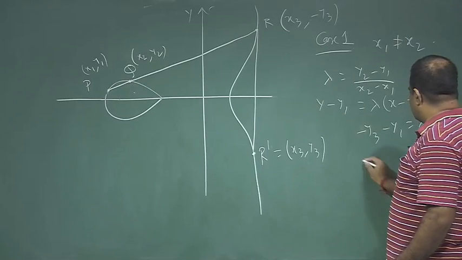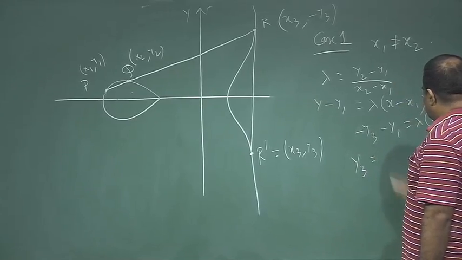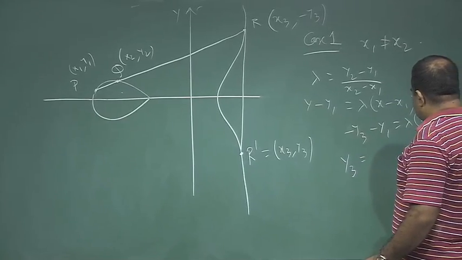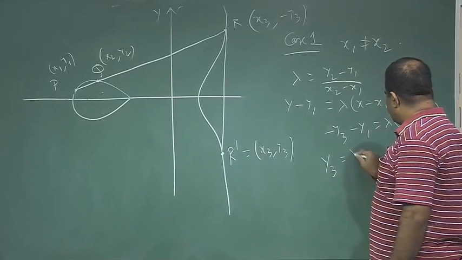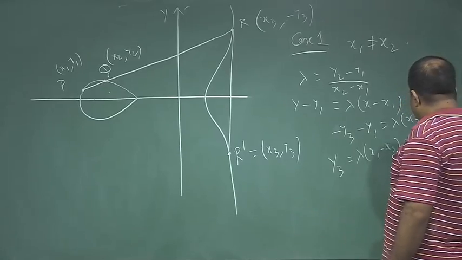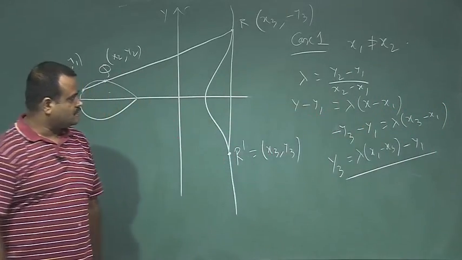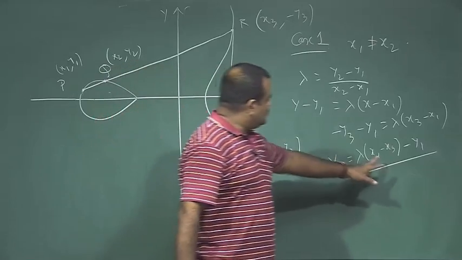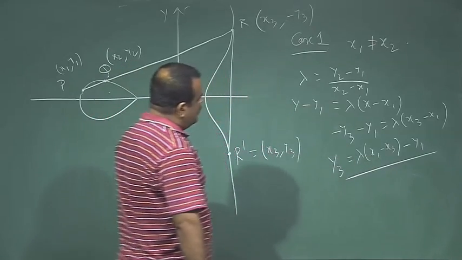So from here we can write y3 is equal to lambda into x1 minus x3 minus y1. Okay. So, this is one equation based on this y coordinate.